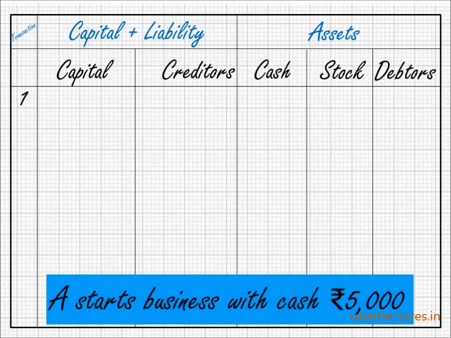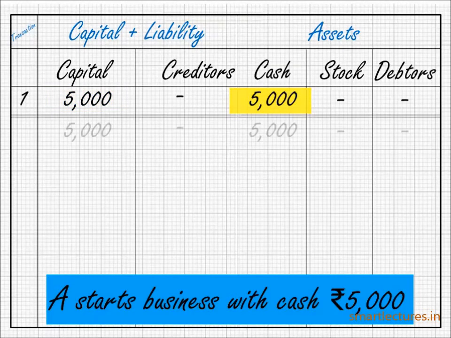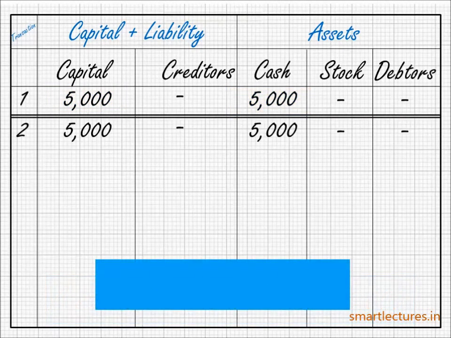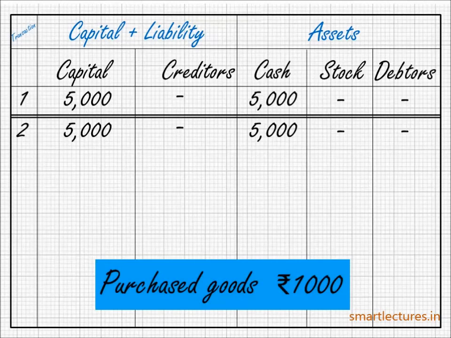A starts business with cash rupees 5,000. It means there will be an increase in the capital, plus 5,000, and an increase in the cash, rupees 5,000. Second transaction, purchased goods rupees 1,000. Nothing is written in this transaction, so these are cash purchases, not credit.